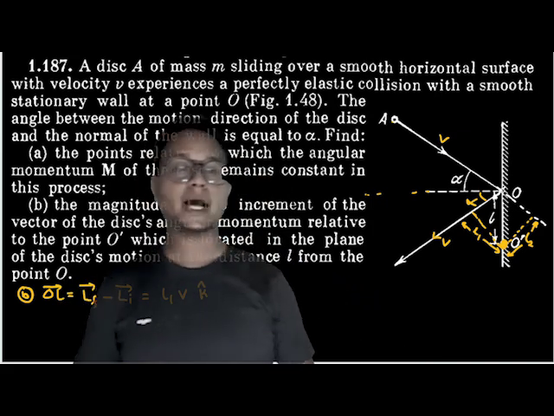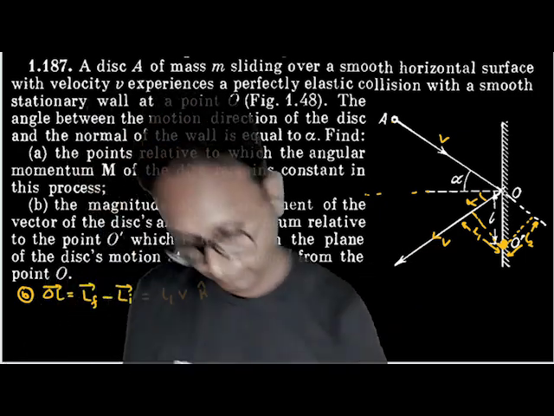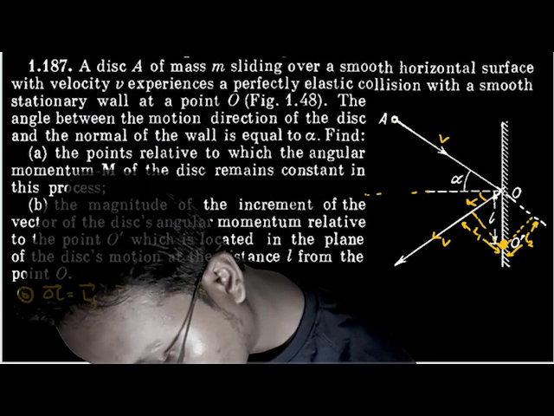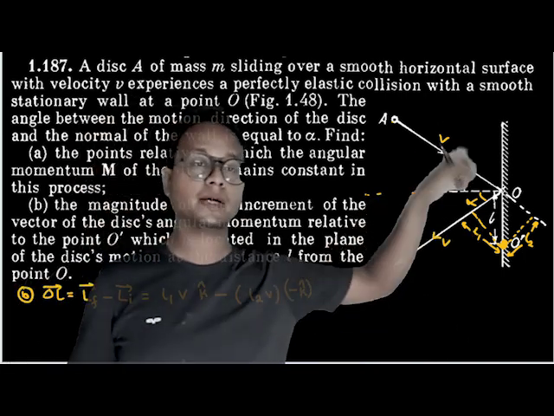The magnitude of initial angular momentum is L2 times V, minus L2 V in the negative K direction. Why negative K? Because the direction of the angular momentum before collision is towards you.